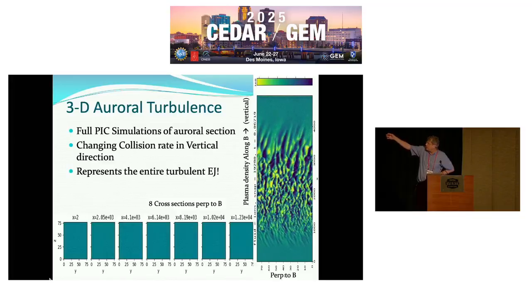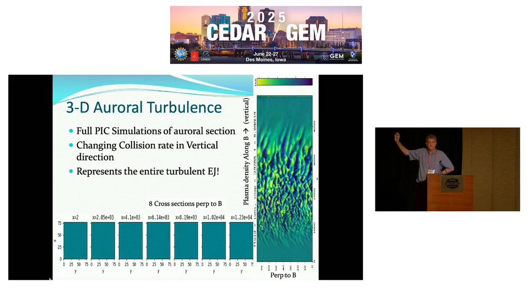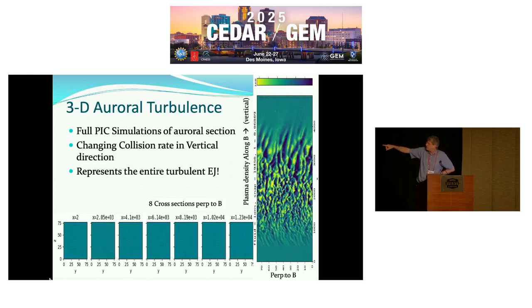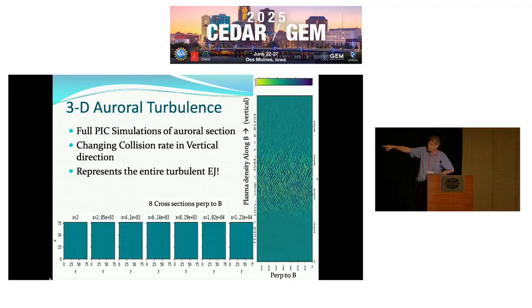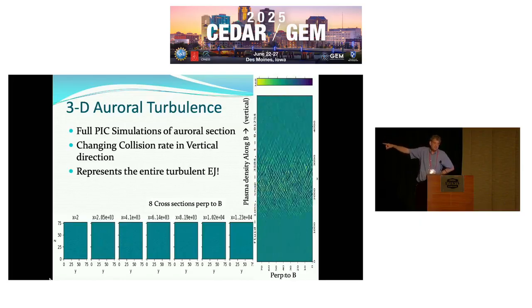But what's new here is we've always treated each altitude independently. We've only been able to study one altitude at a time, one collision rate at a time, a little tiny piece of this. But what you can see is that the waves throughout the system, as you propagate up and down, are very much connected to each other.